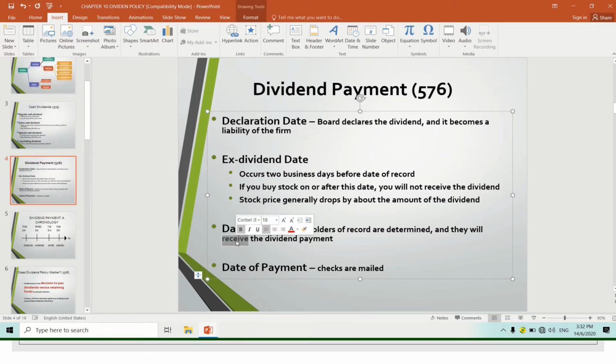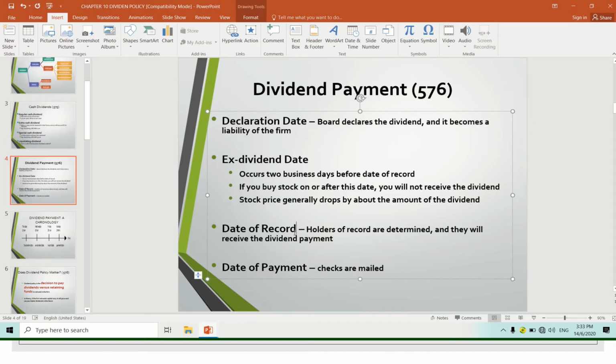So what do you mean by date of record? The date of record is the record date. That means at this date, the company will check who is entitled to the dividend and who is not entitled to the dividend. And for your information, during the date of record, the stock is not trading for that day.